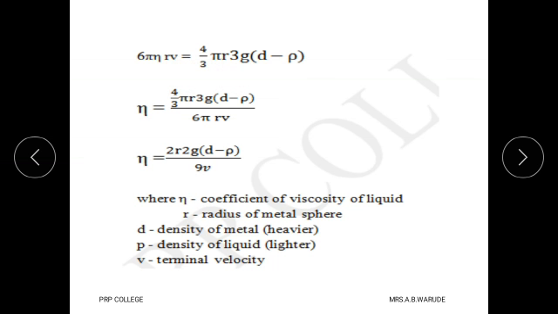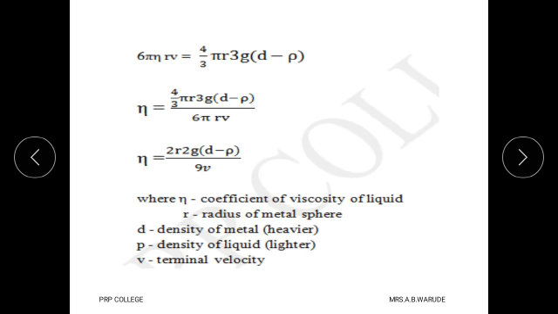Then we take 6 pi RV to the right hand side, so the equation is eta equals 4 by 3 pi r cube g in bracket D minus rho upon 6 pi RV.